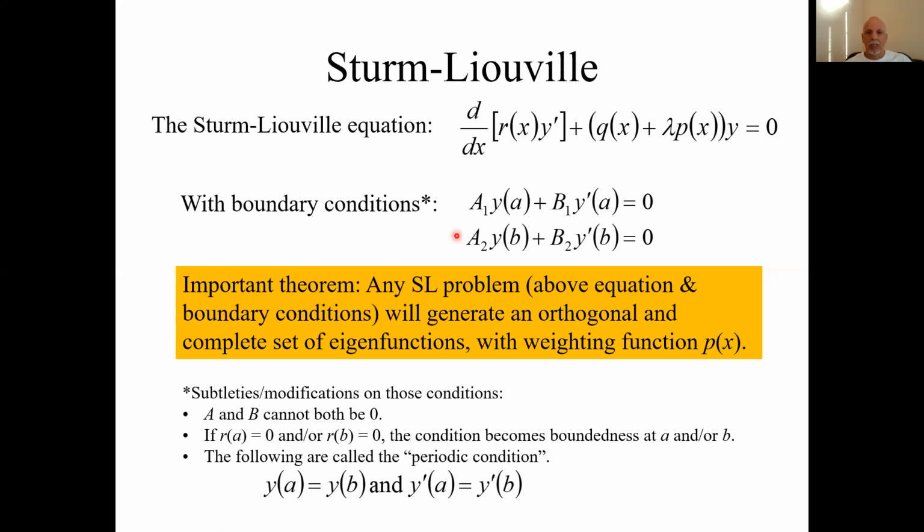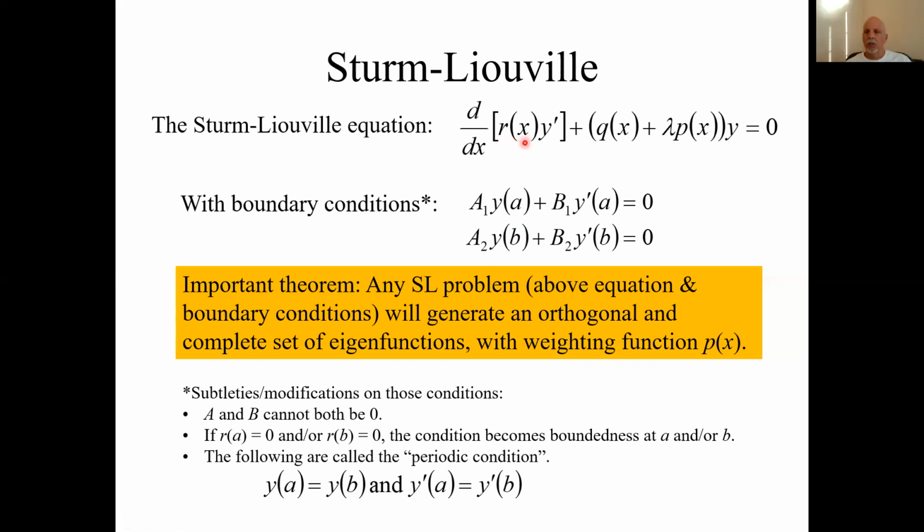A couple of subtleties. First off, if these are your boundary conditions, you can't have both the A and the B equal 0. At least one of them has to be non-zero. And there are little variations on these boundary conditions. The endpoints of x are a and b; x goes from a to b here.